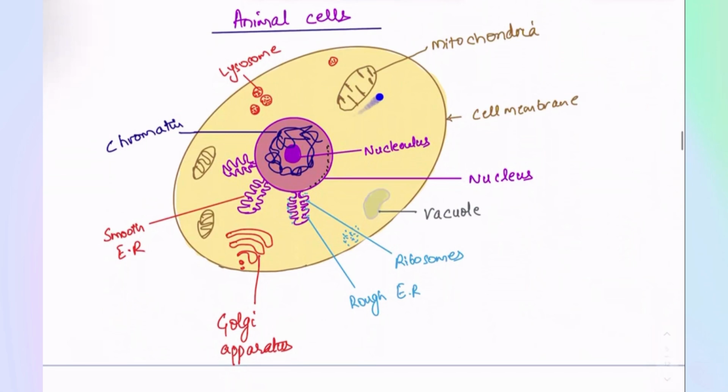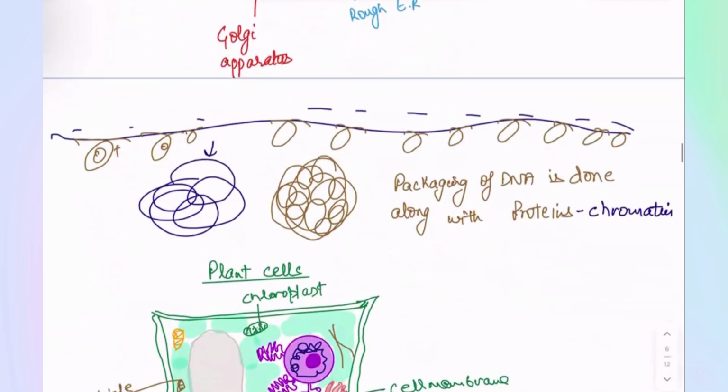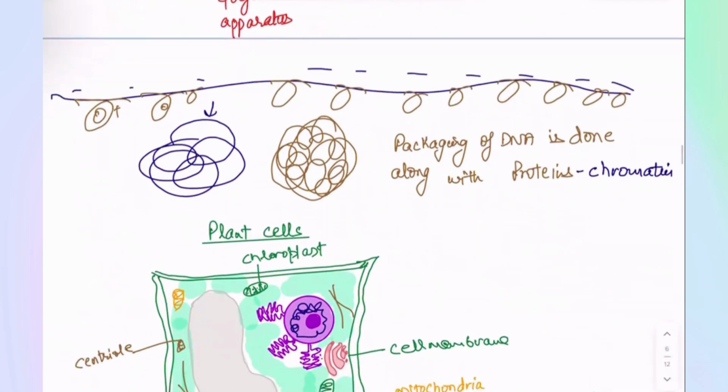Animal cells also have mitochondria, vacuoles, ribosomes, Golgi apparatus, smooth endoplasmic reticulum. Inside the nucleus, it has chromatin, that is DNA plus protein, and lysosomes. In eukaryotes, DNA is packaged because the linear DNA cannot fit inside a small nucleus.